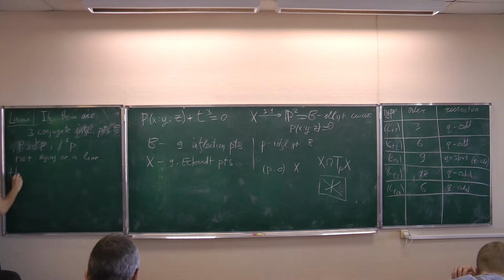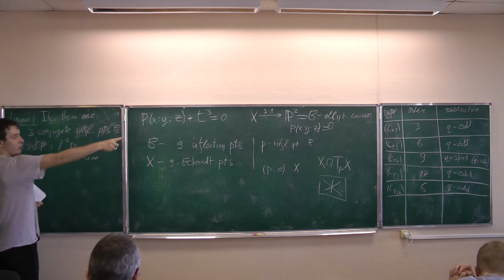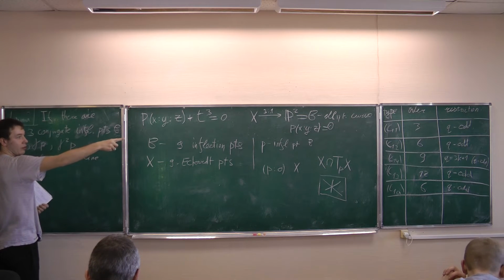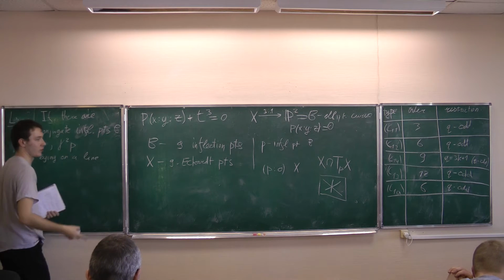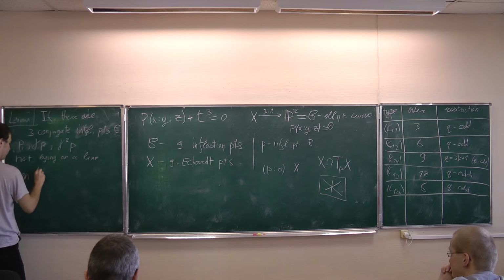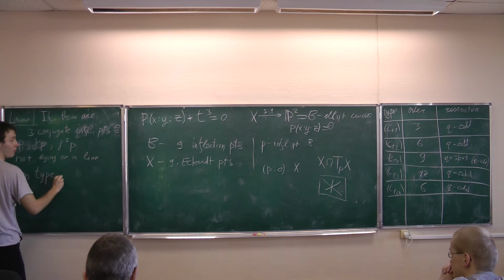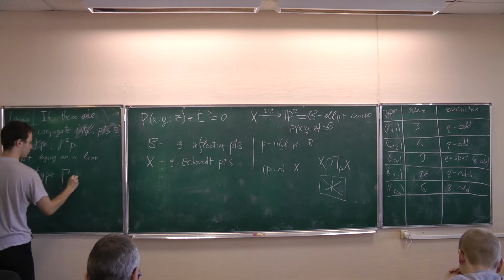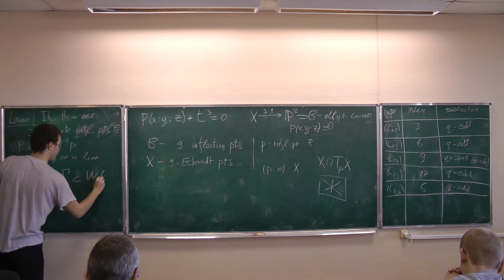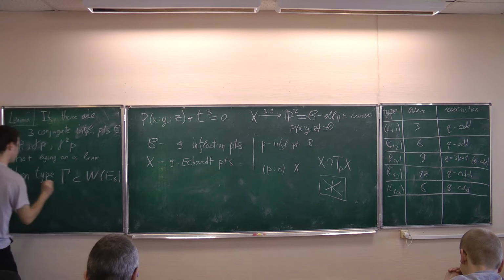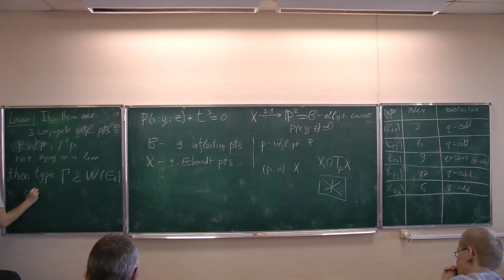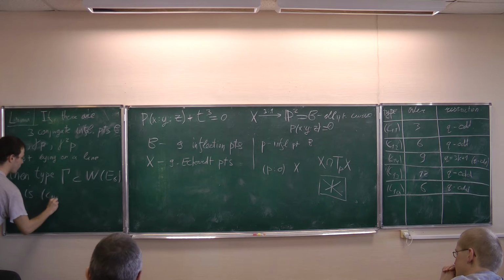Then the type of the group acting, the image of the Galois group, I will call this group gamma. Then its type will be exactly C14. It will be a group of order 9.